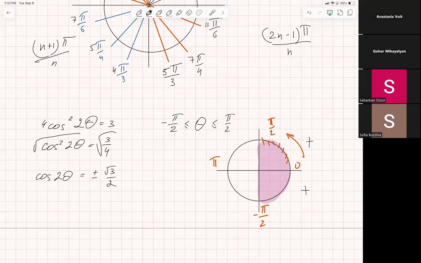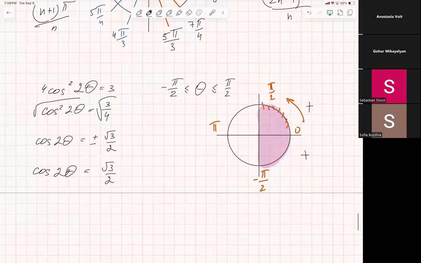If it was, let's say, the first and the second quadrant, then we would include that negative, because cosine is negative on this interval from 0 to pi, right? But in this case, we're not including this negative. So what we have is cosine 2 theta equals just positive square root of 3 over 2.